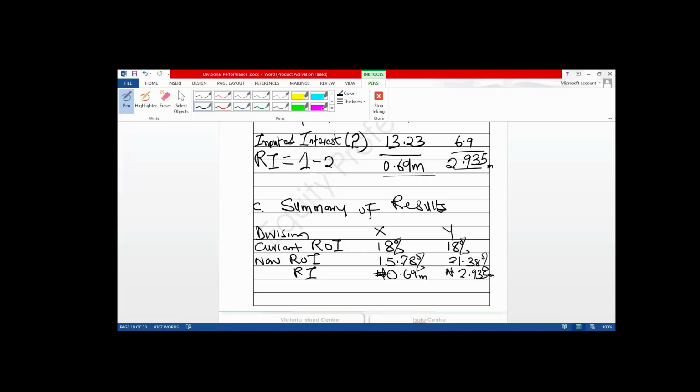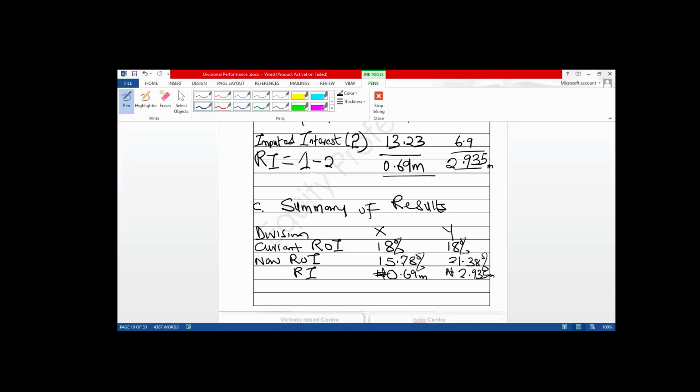Will Division X be willing to accept this new project? No. Because currently you are earning 18%. A new project now wants to give you 15.78%. You will not be willing to accept the new investment because it's below the return on investment you are currently earning.